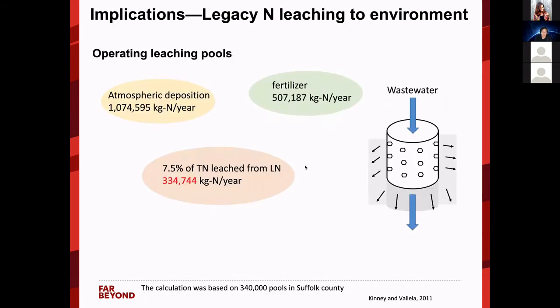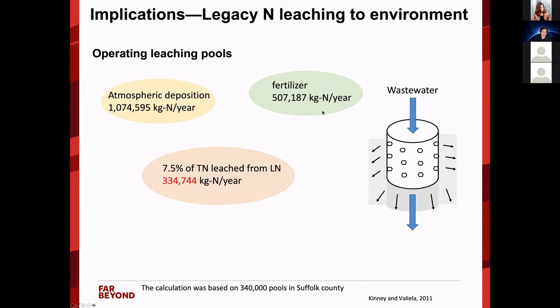So after we conduct these leaching tests, we would like to do some calculations and to see what are the implications for the nitrogen leaching to the environment. So based on a previous study, the nitrogen loading to the subsurface water at Great South Bay, New York, was estimated to be this huge level for the atmospheric deposition. And for fertilizer, it is about over 500,000 kilo nitrogen per year.